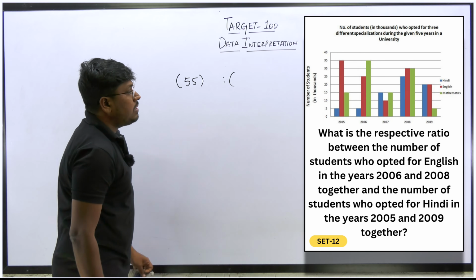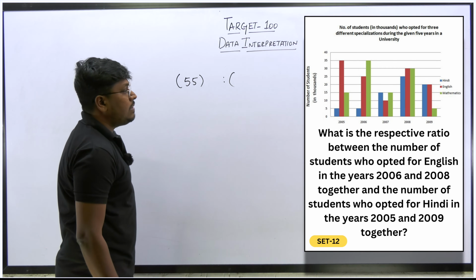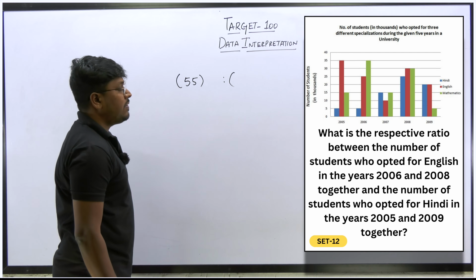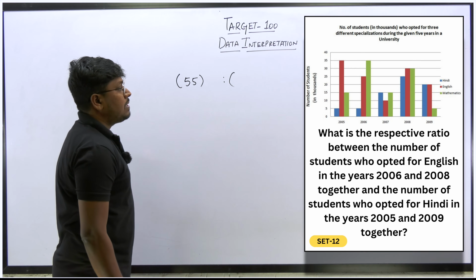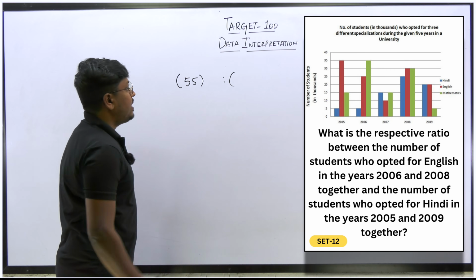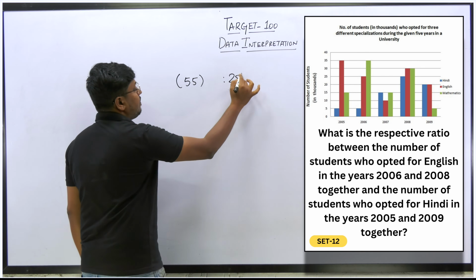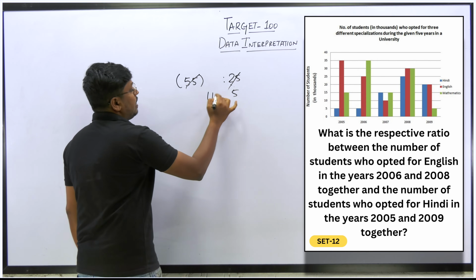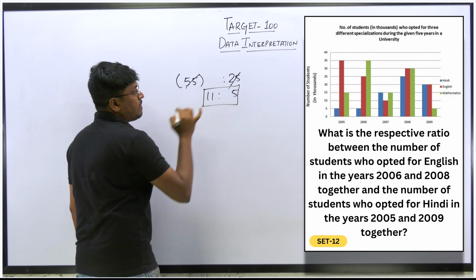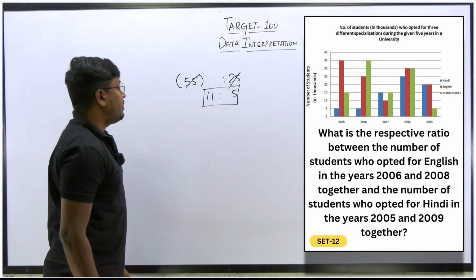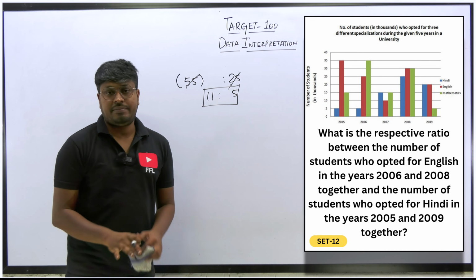So next will be students who opted for Hindi in the year 2005 and 2009: 5 plus 20, 25. So 25, 55, this will be 5, 11. So 11:5, that's it. So the answer for the fifth question will be 11:5.